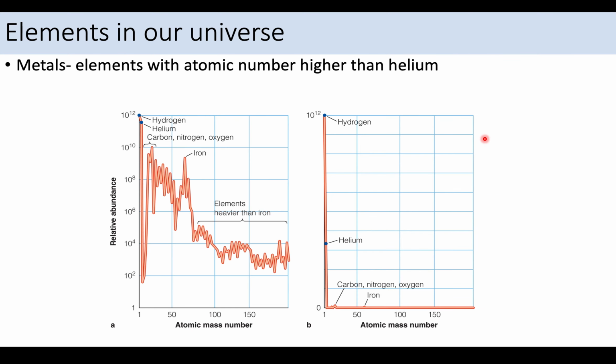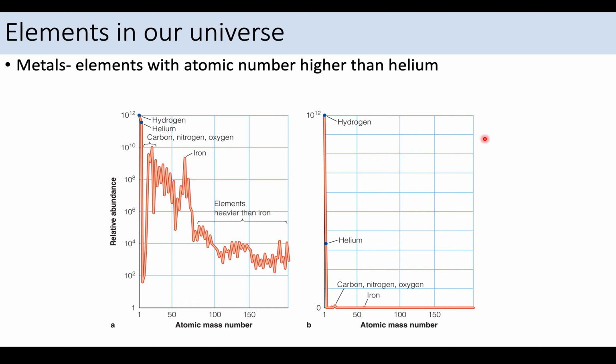So when we think about our galaxy in terms of what it is actually made of, we think about metals versus non-metals in our galaxy. For astronomy, we consider a metal to be any element with an atomic number higher than that of helium. So anything larger, with more mass than helium, we consider to be a metal.